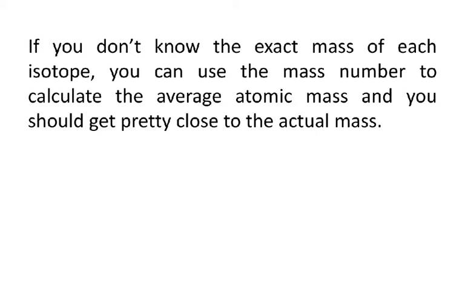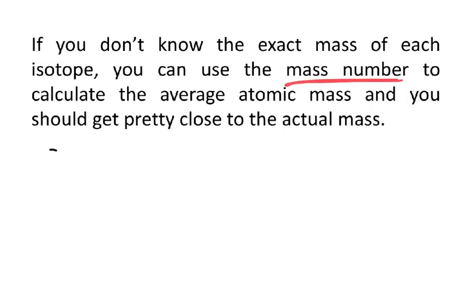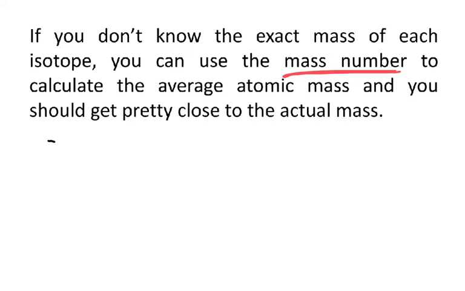Okay, so if you don't know the exact mass of each isotope, you can use the mass number. You guys know what the mass number is. You can use the mass number to calculate the average atomic mass, and you should get pretty close to the actual mass. So let's try that with the two we have. Chlorine-35.